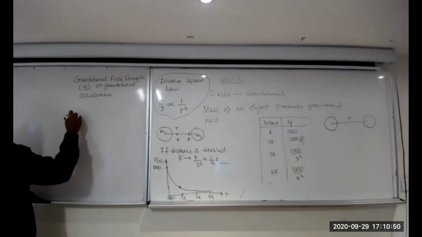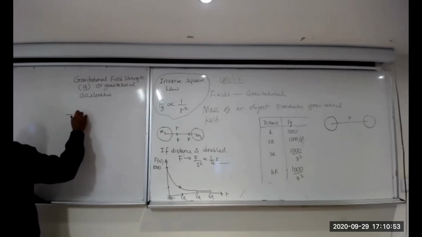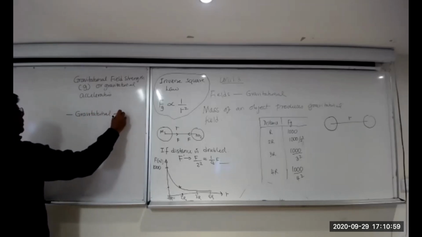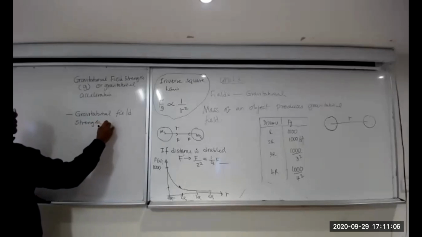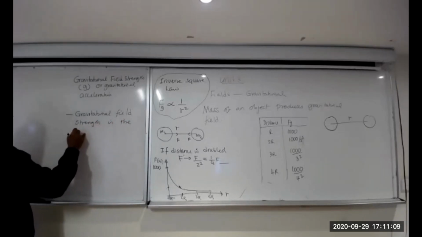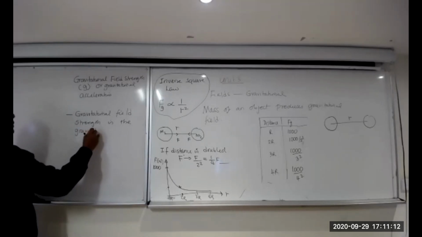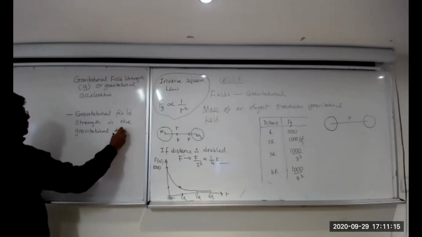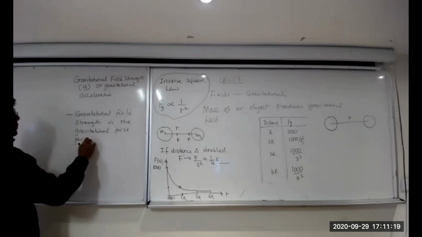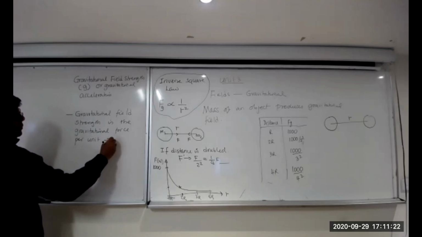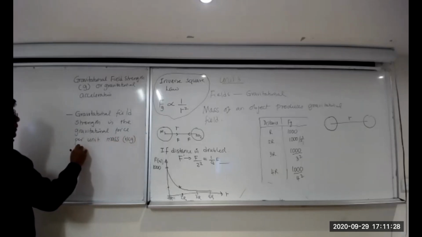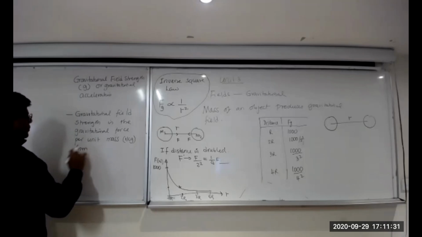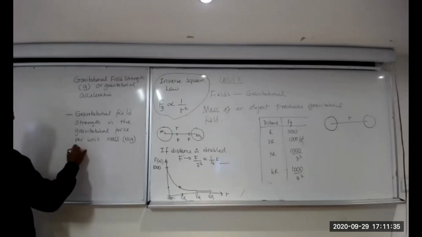So the gravitational field strength, little g, is defined as the gravitational force per unit mass, or 1 kilogram mass, at a distance r from the center.